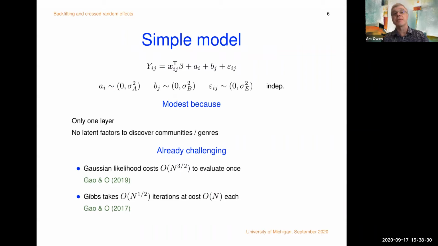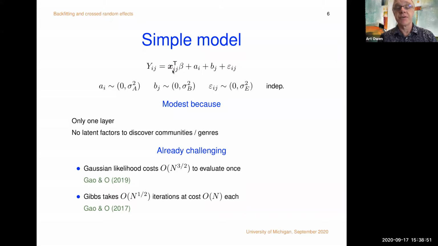Okay, here is the simple model that we're going to look at. And we look at it because it's the simplest model that we couldn't do until now. So we have a response Y_ij, customer i, product j. And we could fit a regression model.